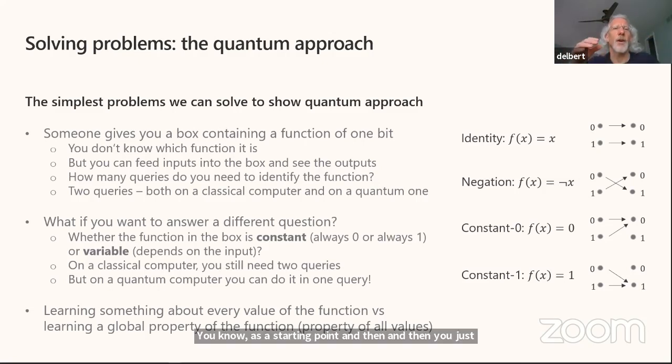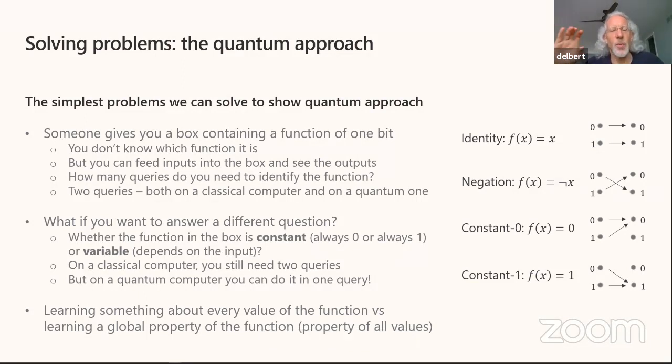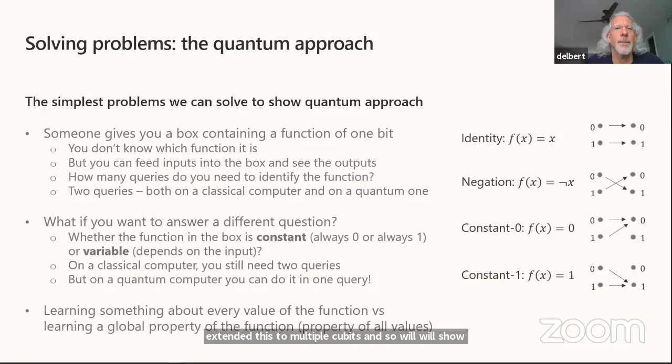So from a quantum computing approach, the physicist David Deutsch came up with a magnificent sample problem that shows a quantum improvement. That's what Deutsch's algorithm is about. Then Dr. Jozsa came along later and extended this to multiple qubits. We'll show you a little bit about that.